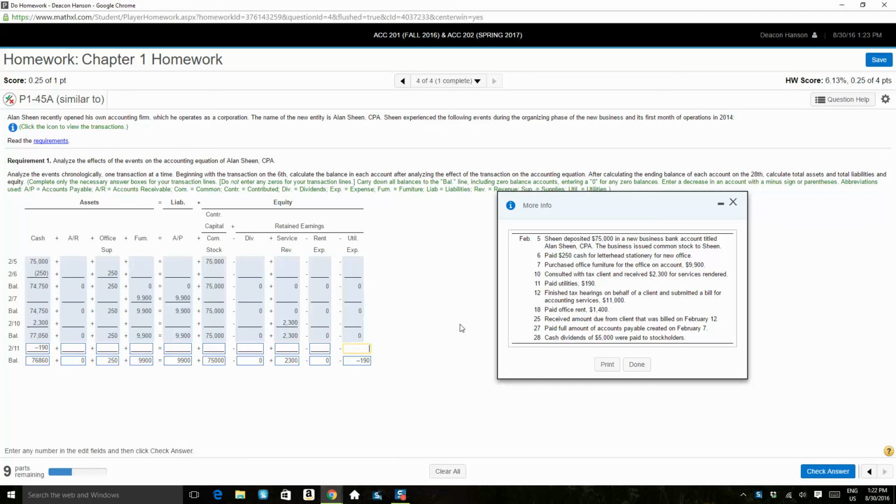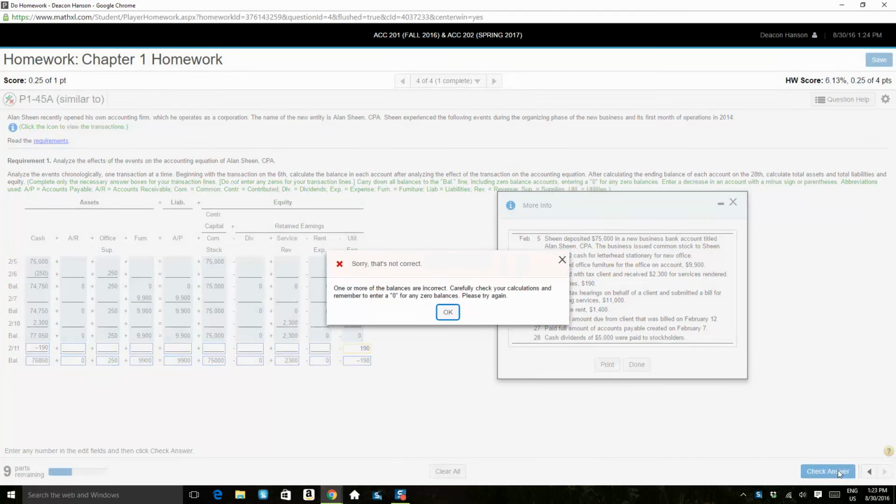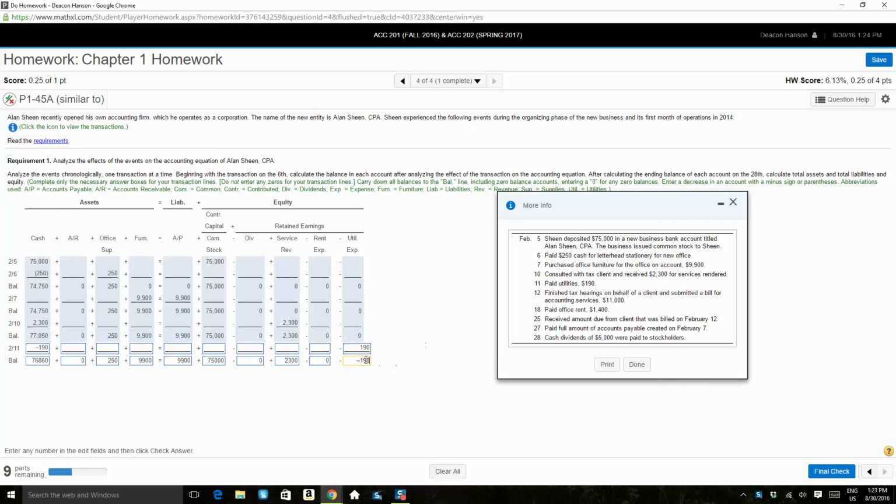So I'll just show it as 190. Actually, it's grayed out, so it's not going to let me change it. There we go. Fantastic. Okay, so be careful with that. They have the negative sign in there already.